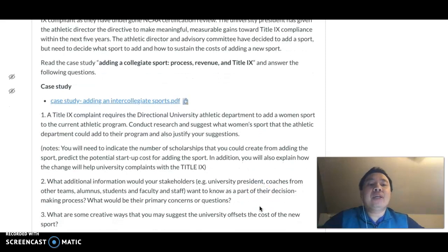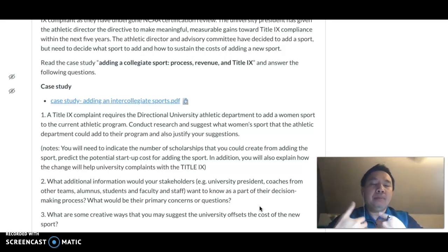To comply with Title IX, the university needs to add a women's sport. So I encourage you to conduct some research and recommend what women's sport you would like to add to the current athletic programs in order to comply with Title IX. The first thing I recommend is to read the case study, and also create a map a little bit.